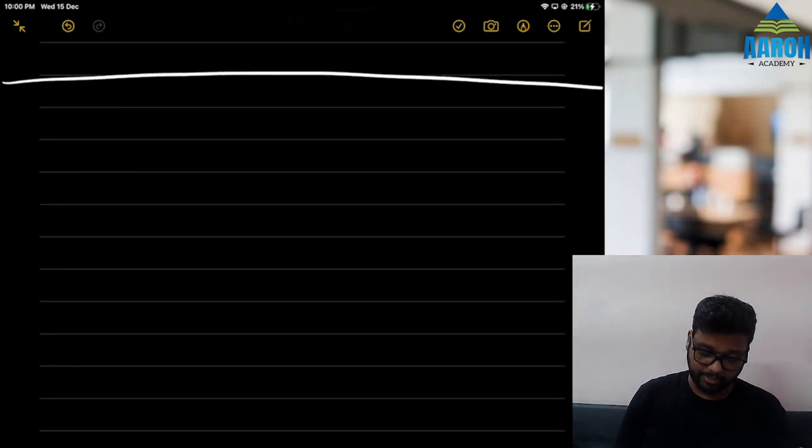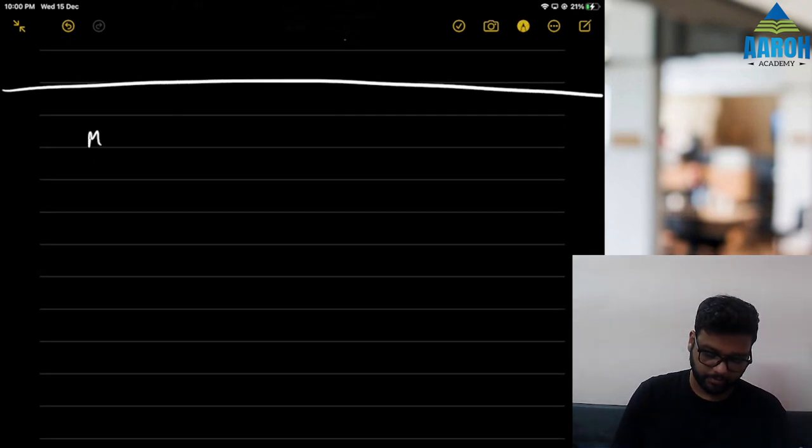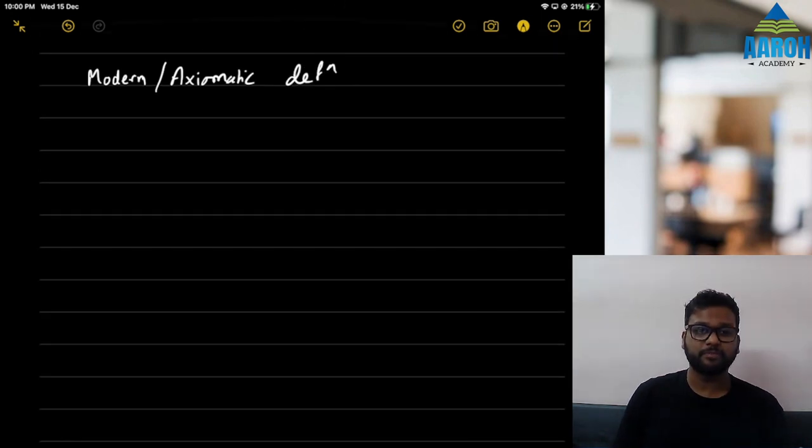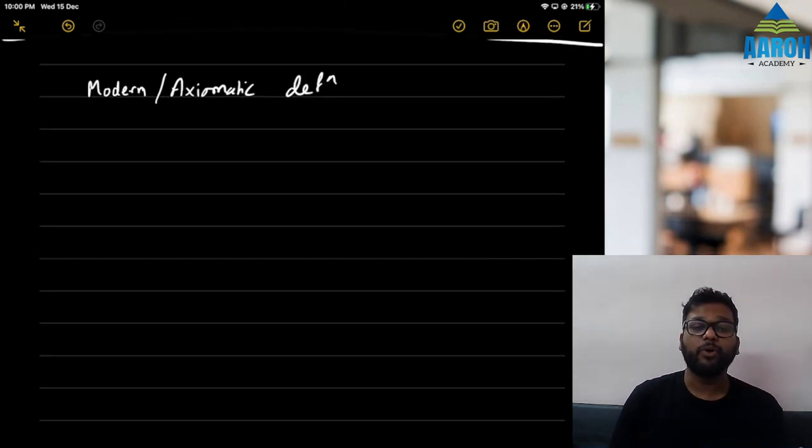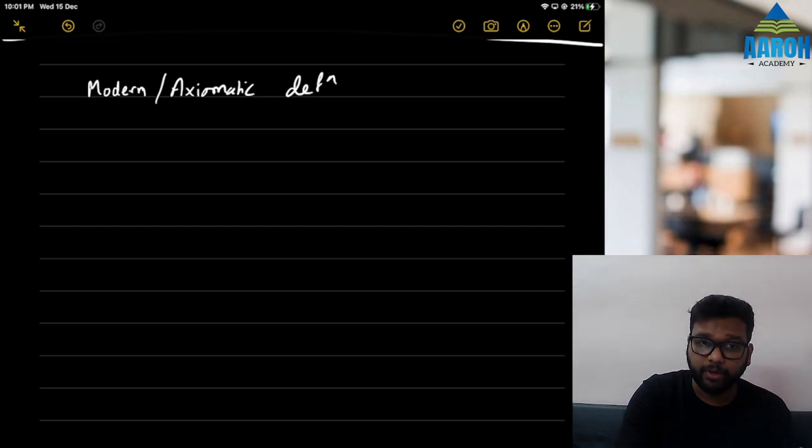There is one more definition, if anyone remembers. What definition is that? Modern or axiomatic definition. In modern or axiomatic definition, we define probability using axioms. Axioms are statements. So we write multiple statements to define probability. What are those statements?